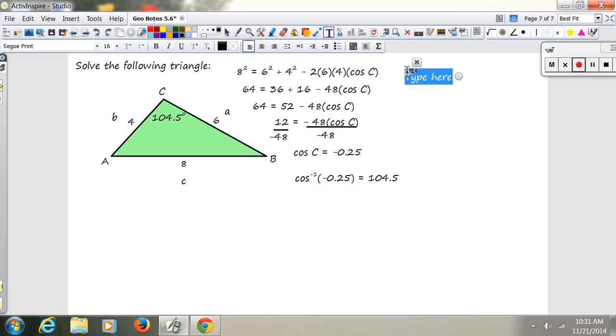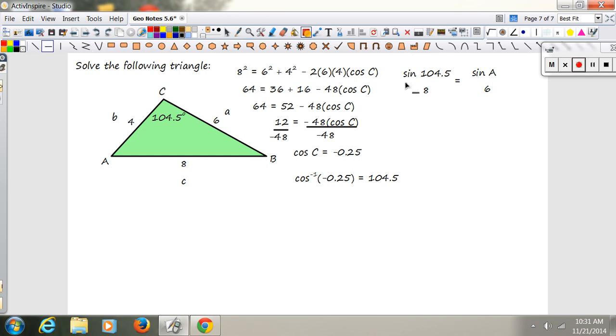So I'm going to do the sine of 104.5 over 8. That's going to be my sine of C over little c. And I'm going to solve for angle A this time. Sine of A over 6. Those would be my two ratios that would be equal to each other, so I can solve.